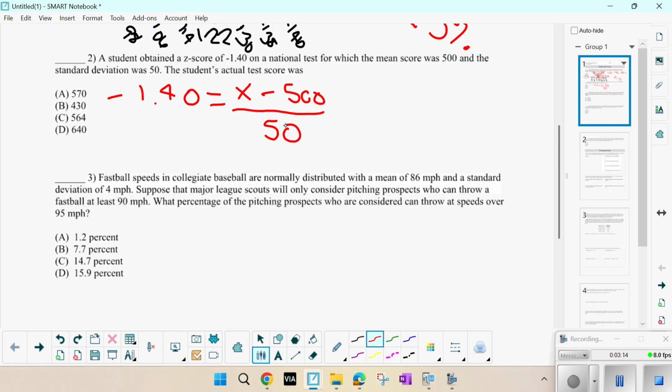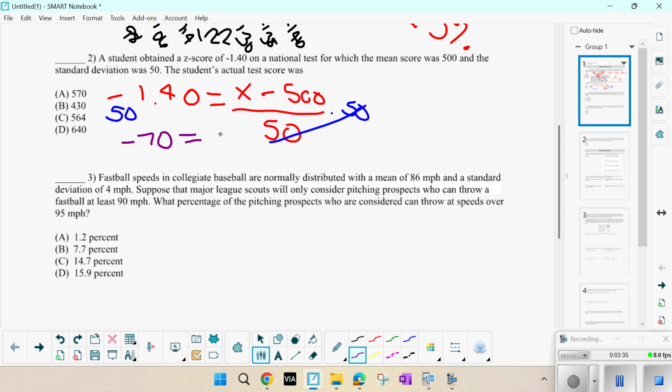Okay, to undo dividing by 50, of course, we're going to have to multiply by 50. So multiply both sides by 50. These are going to cancel out. -1.4 times 50 is -70.